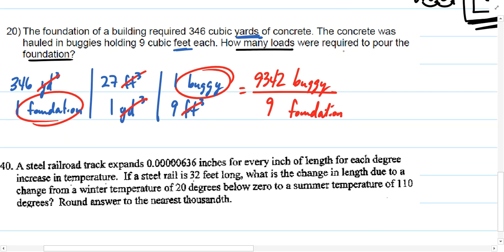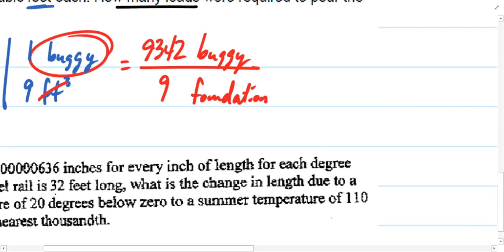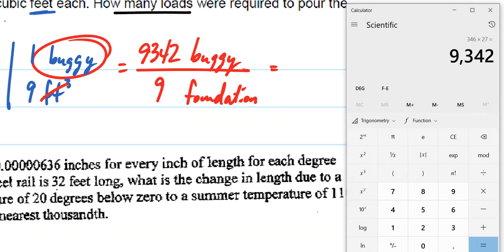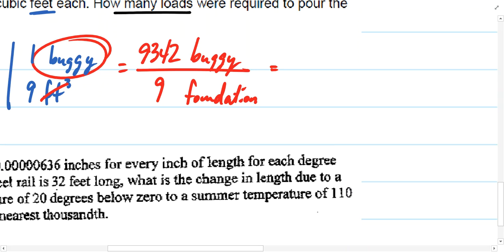If we had multiple buildings to construct here, we'd need 9,342 buggies, and that would complete 9 foundations, but that's not really what this question's asking. So I need to take the 9,342, divide it by 9, and we're left with 1,038 buggy loads.